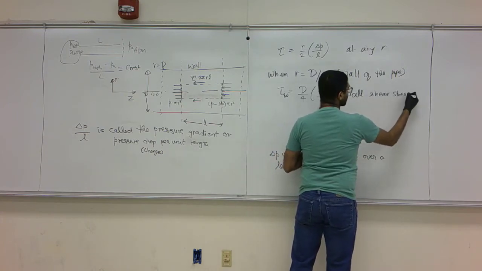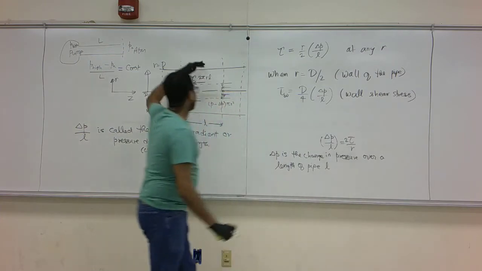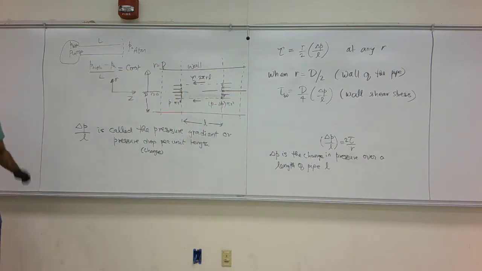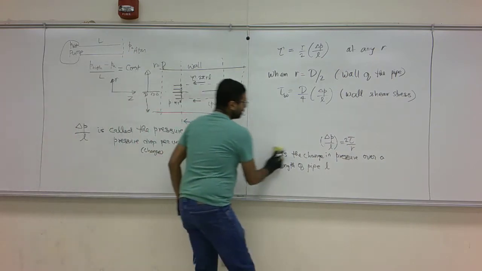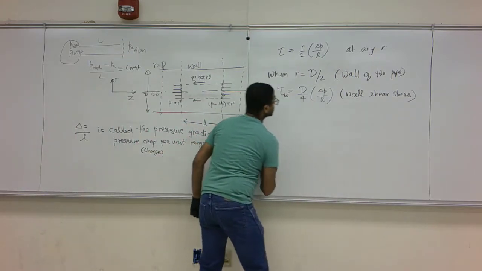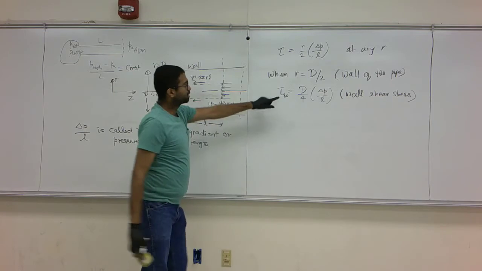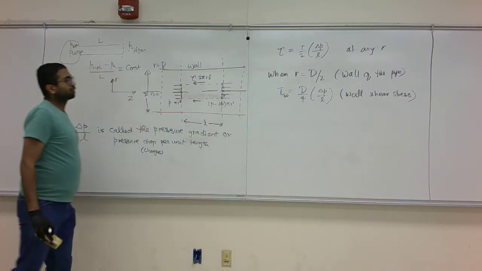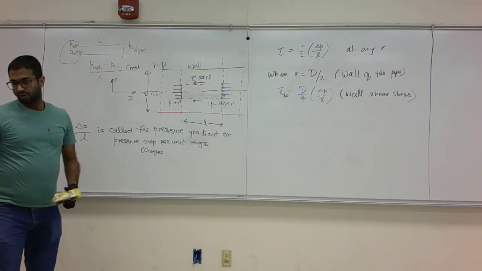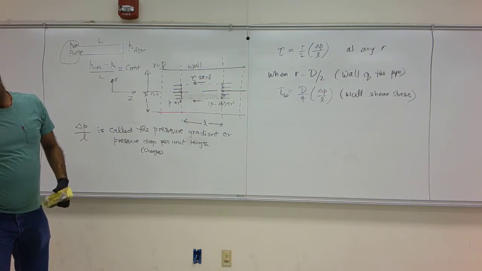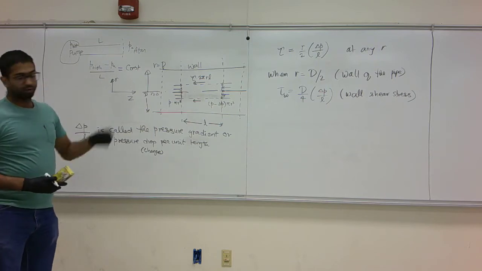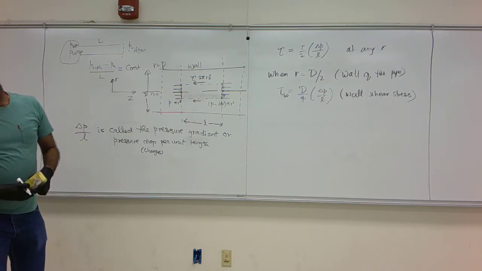It is the shear stress acting at the pipe wall. So let's remember this, tau W equals D over 4 times delta P over L.